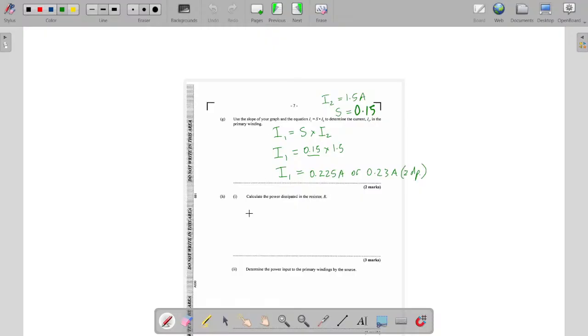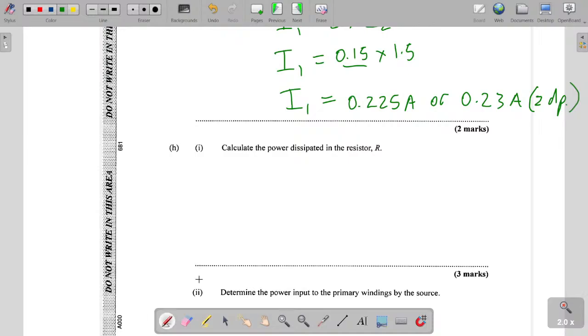So it's going to be P. So let's zoom in. So power in the resistor, which is in the secondary part of our circuit, is going to be equal to the current squared times R. So the power in the secondary coil is going to be equal to the current squared, which is I2.